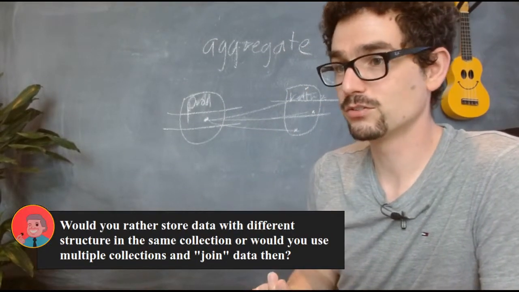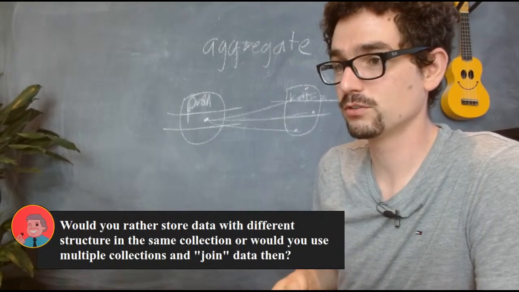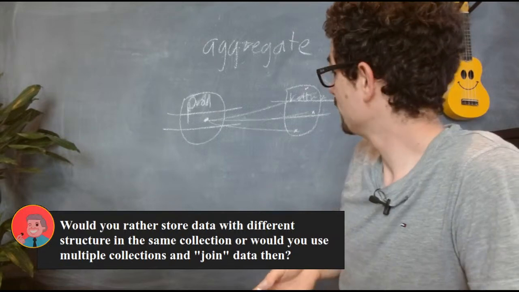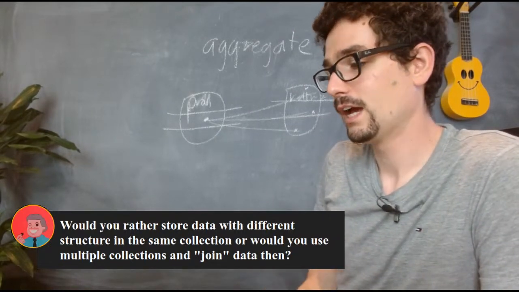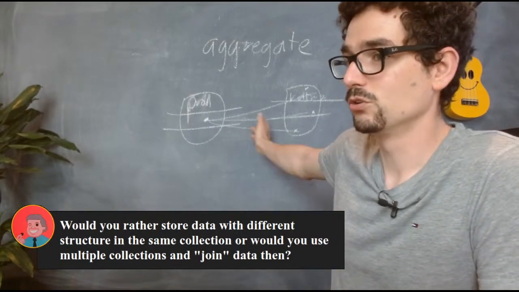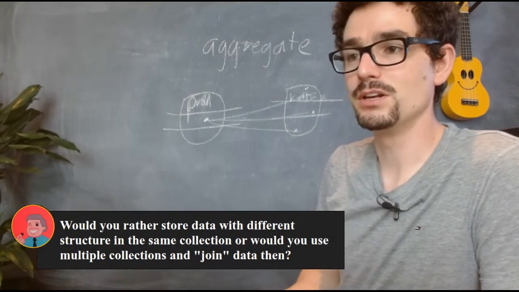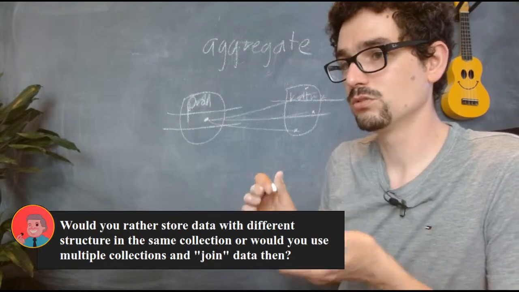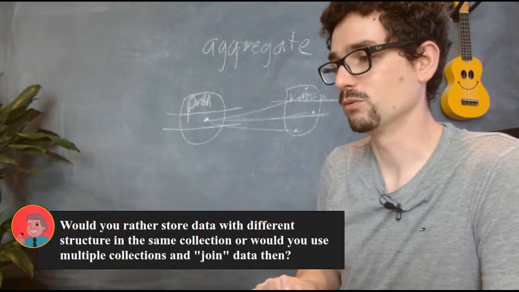Other databases support these kinds of joins by saying I set a distribution key, blah blah blah. In MongoDB, this is not how you do it. You would not store things that belong together in different collections. You don't want to join them afterwards.